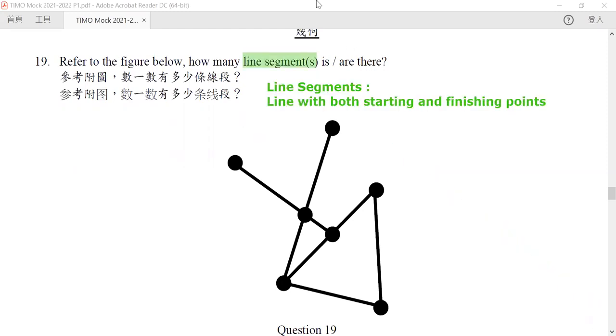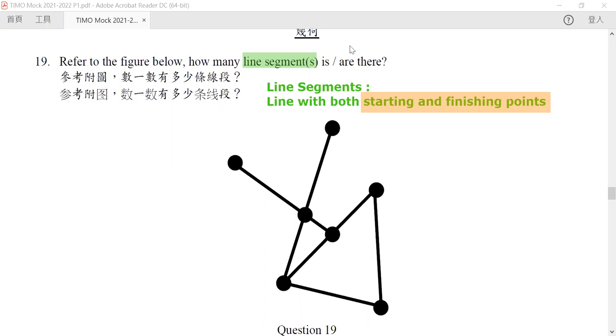Now, because of this, we want to calculate what they mean. Notice that if two lines, although they may be of the same direction, have different starting or finishing points, they are considered different line segments. Now, let's look into it.